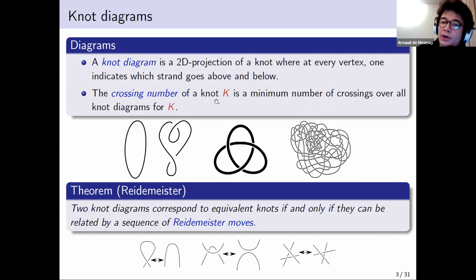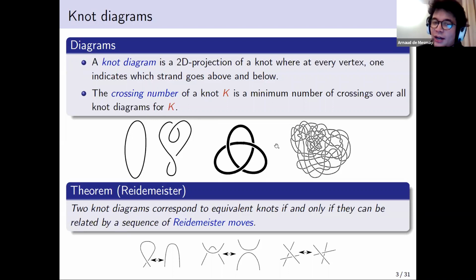And the crossing number of a knot is the definition one would expect. It's, over all the possible knot diagrams for the knot, the one with the minimum number of crossings. So for example, the crossing number of the unknot on the left is 0 because there's no crossing. And the crossing number of the trefoil, which is the knot in the middle, is 3.